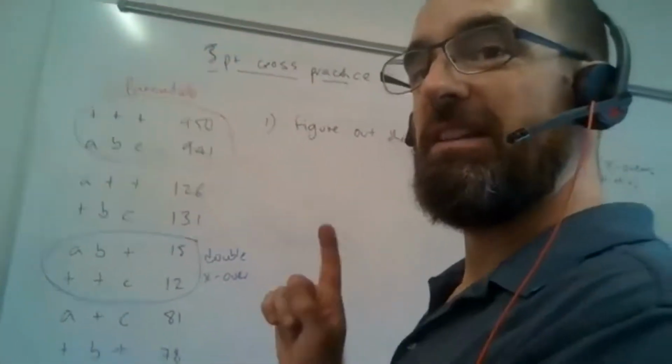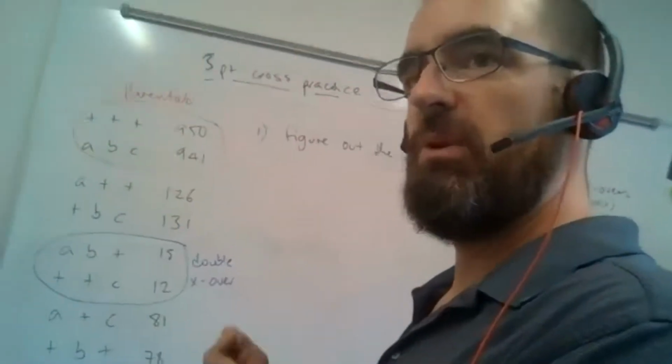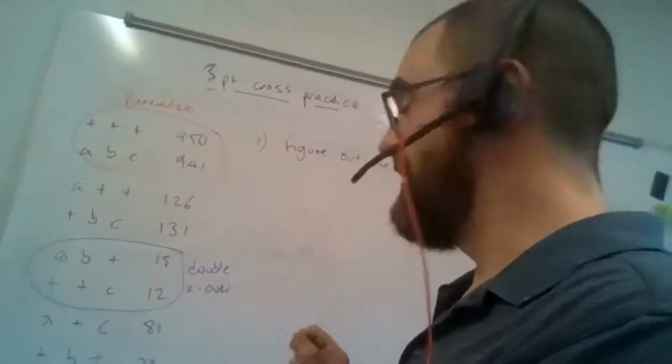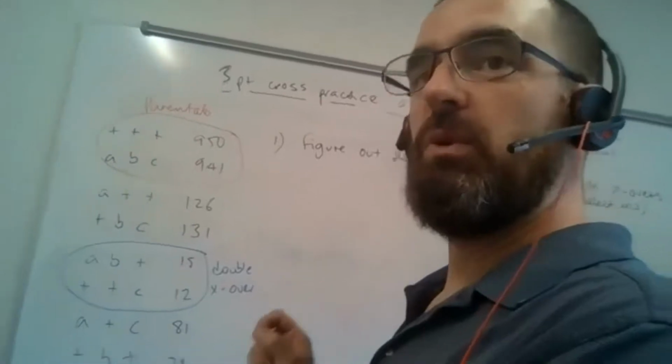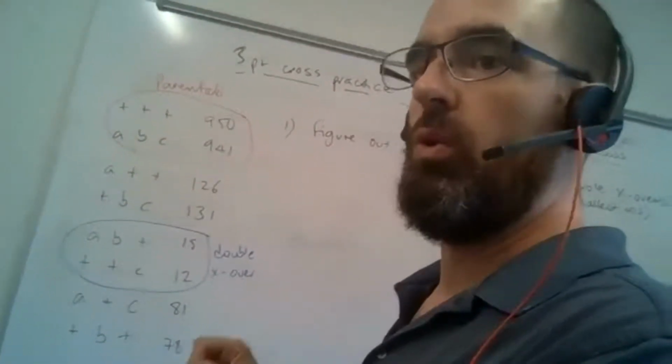Okay, so that's the first step, and that's arguably the most important step, because the double crossovers tell you the gene order. Let me write that out.